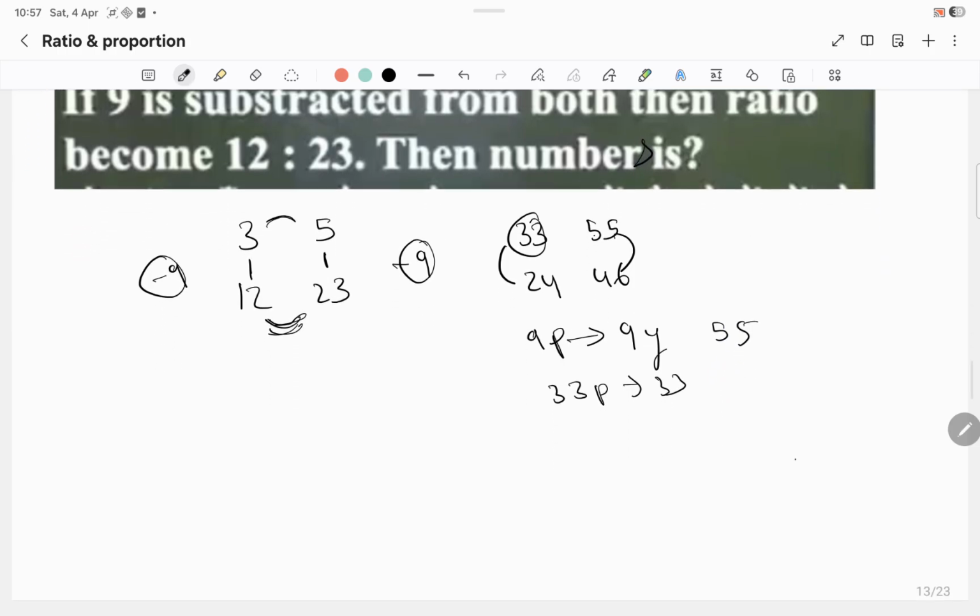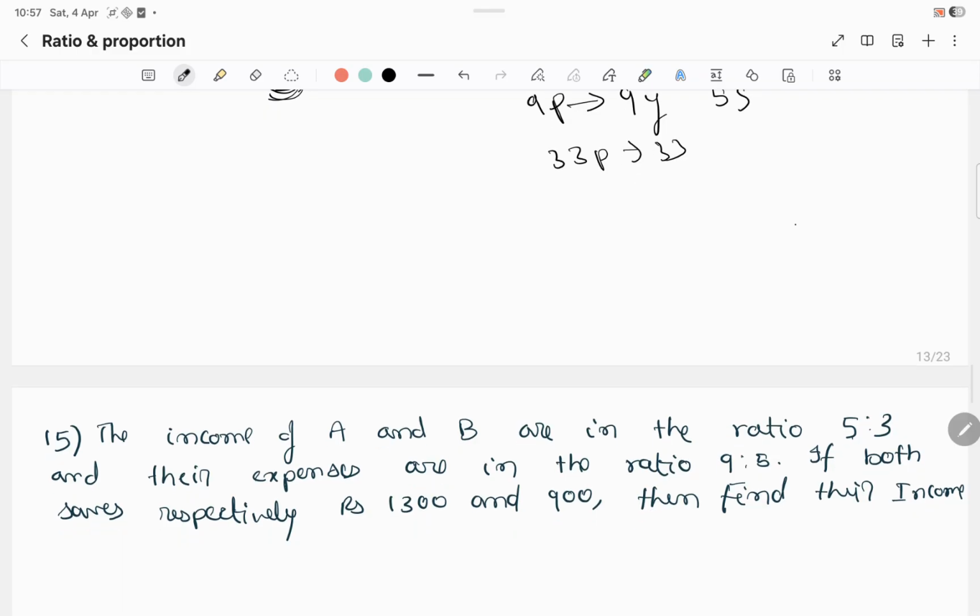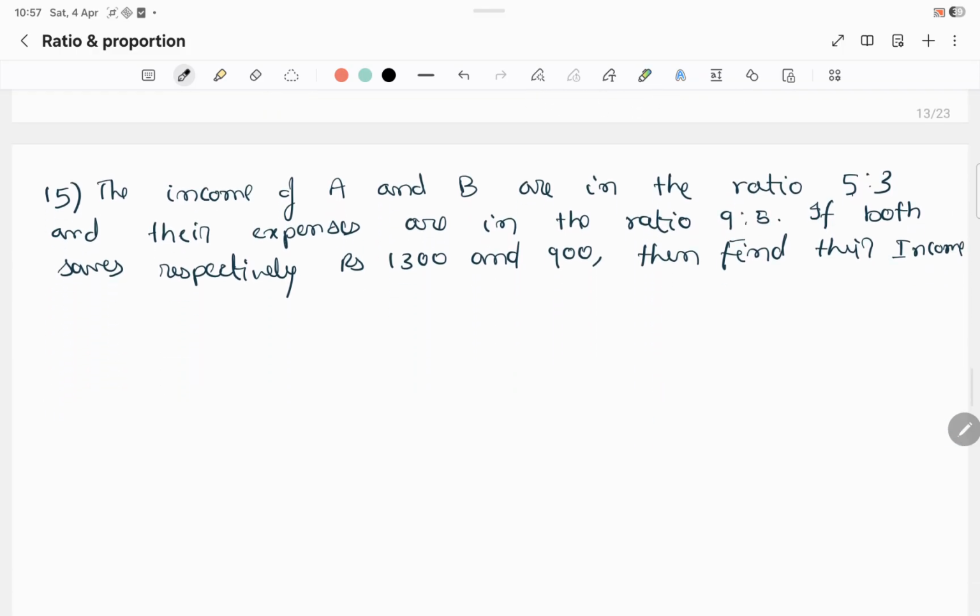Next, the income of A and B are in the ratio 5 is to 3, and their expenses are in the ratio 9 is to 5. If both save respectively 1300 and 900. So income will write here 5 is to 3, and their expenses are in the ratio 9 is to 5.